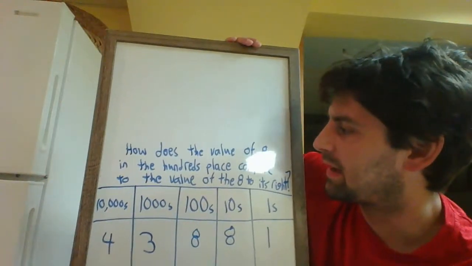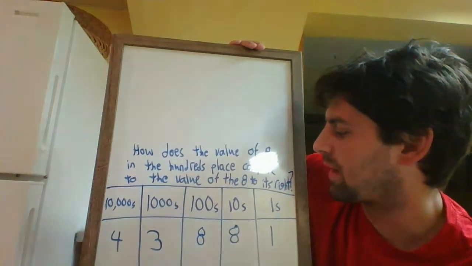How does the value of the 8 in the hundreds place compare to the value of the 8 to its right?